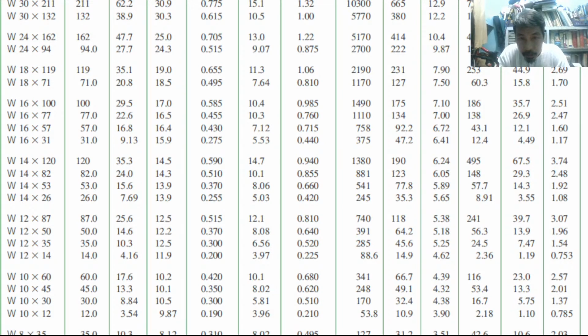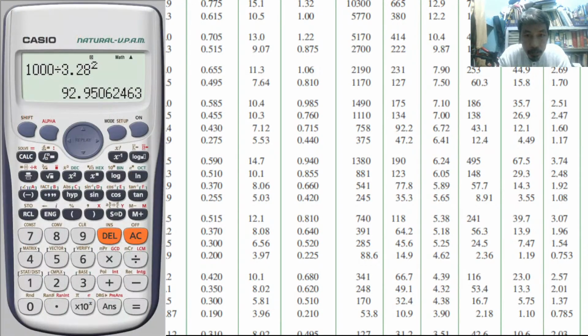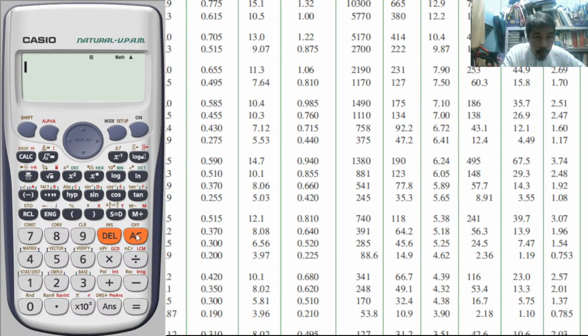My calculator here. So Ry, where is the Ry? Here, 1.37 and 0.785. Remember that.